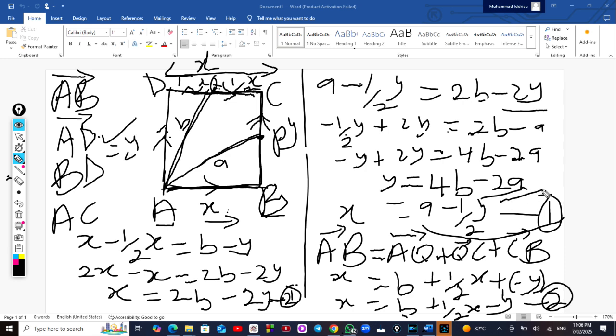So we can continue finding our x. Okay, so we can either put y in equation 1 or we can put it into equation 2. Either way will give us the answer.